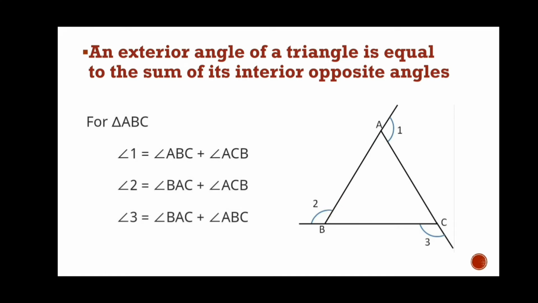If we have to find the value of exterior angle 3, then the opposite angles of exterior angle 3 will be angle A and angle B. We will not take angle C as the opposite angle because it is the joining angle of angle 3. So if we add BAC and ABC, we will get the value of exterior angle 3. This is a very important property of a triangle.